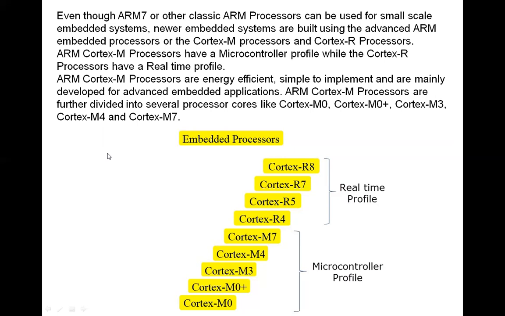Even though ARM7 or other classic ARM processors can be used for small scale embedded systems, newer embedded systems are built using the advanced ARM embedded processors, the Cortex-M processors and Cortex-R processors. The ARM Cortex-M processors have a microcontroller profile, while the Cortex-R processors have a real-time profile.